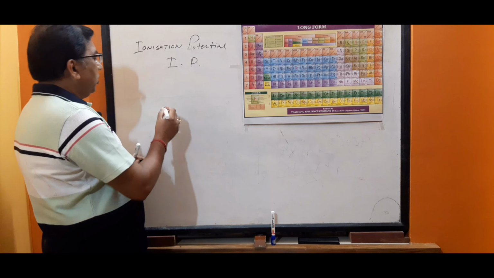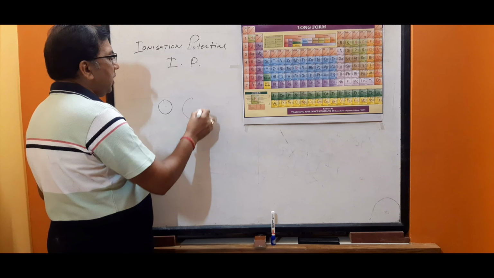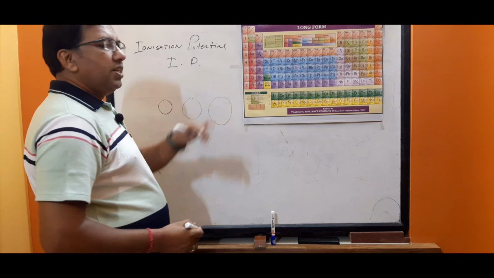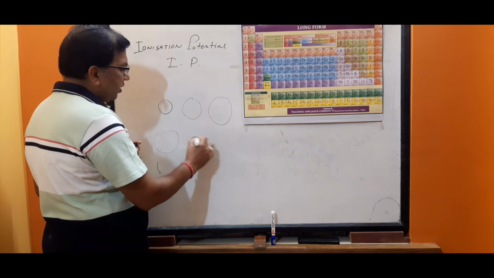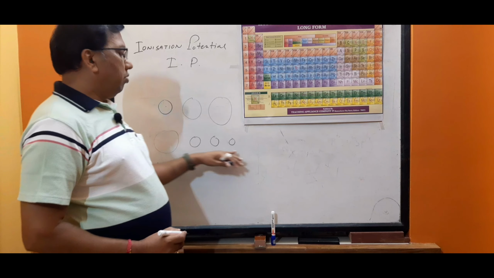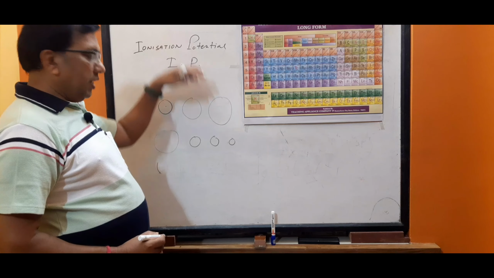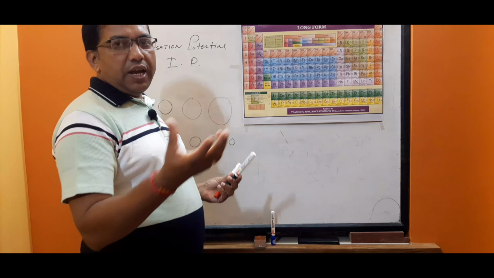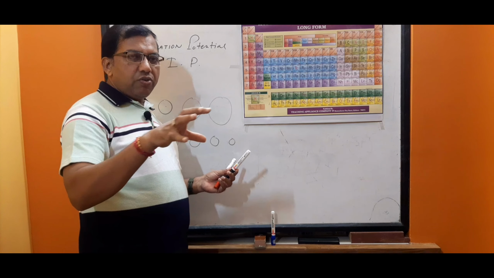If the size of the atom decreases, as we know, it decreases along a period, and along a group the size increases. The nuclear charge, electronic configuration and penetrating effect are all very important.